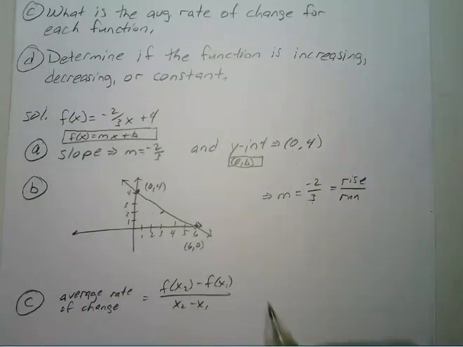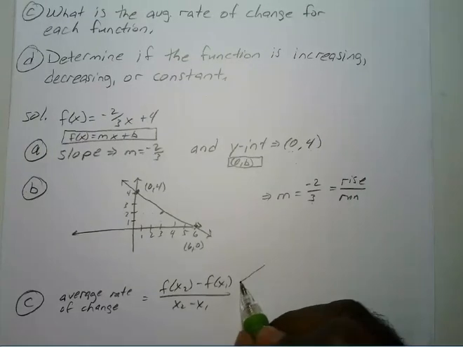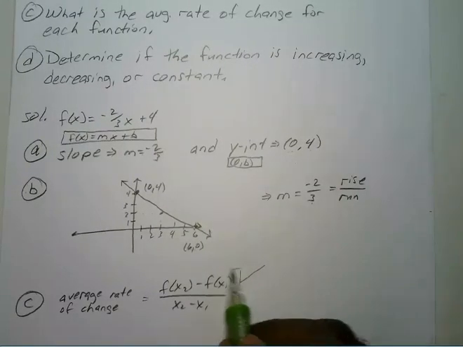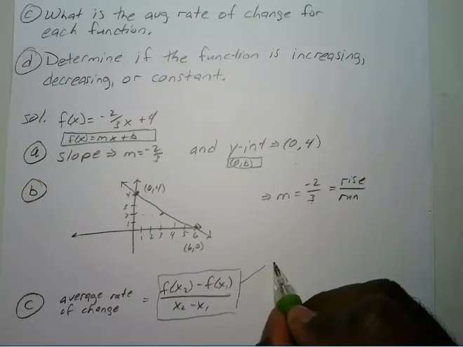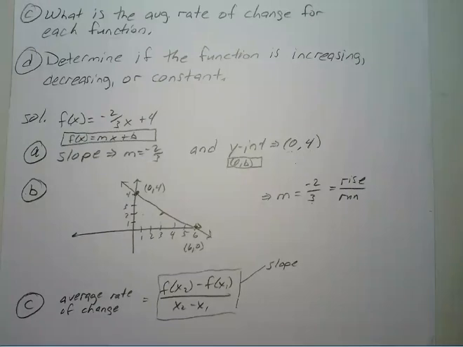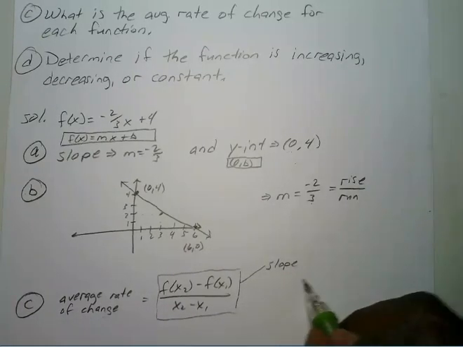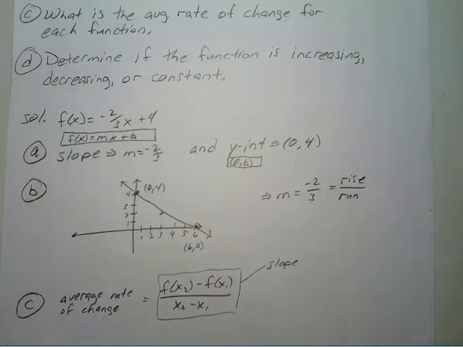But we also know that this is the slope formula. Okay. So if we want to find out the average rate of change, and we already know the slope, then we know that the average rate of change is just equal to the slope.